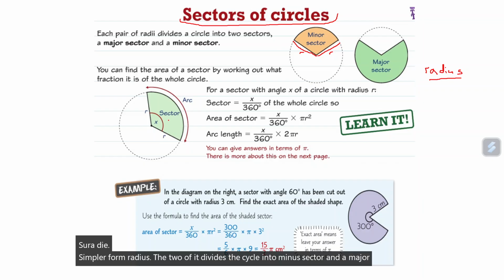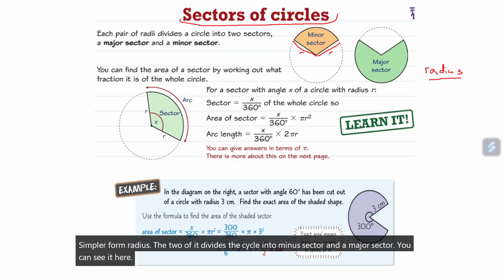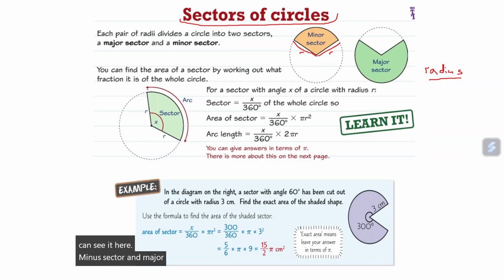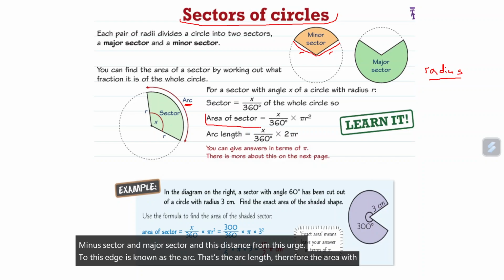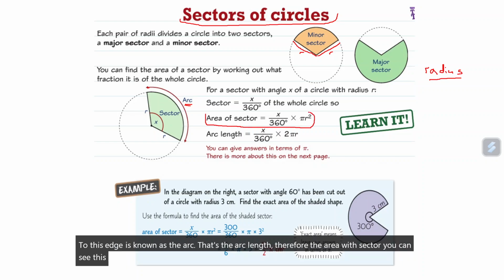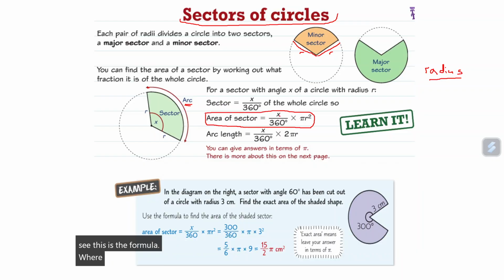You can see it here, minor sector and major sector. And this distance from this edge to this edge is known as the arc. That's the arc length. Therefore, the area of the sector, you can see this is the formula, where x over 360 degrees times pi r squared.